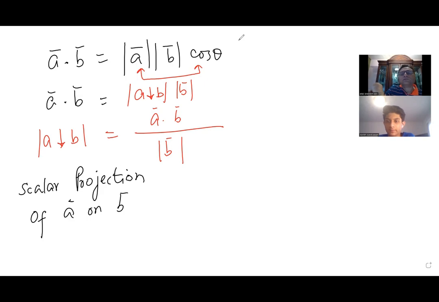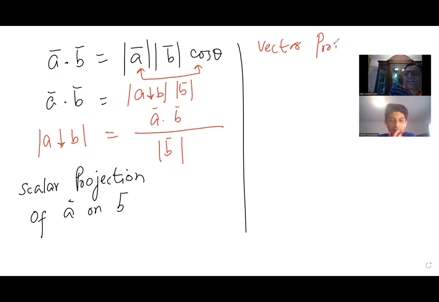Now tell me, what could be the formula for vector projection of A on B? So for scalar projection of A on B, we did AB cos theta, right? So I think the vector projection would be similar, right? Same, but we need to give a direction.